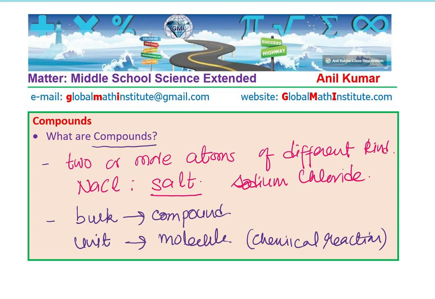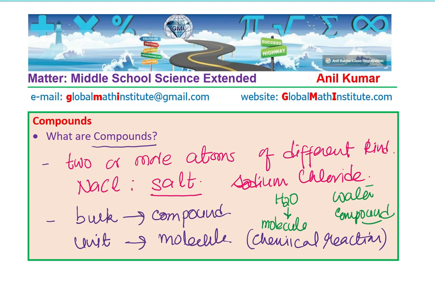For example, if I say H2O, what I'm trying to say is a molecule of water. But when I say water, it is a compound, the bulk of water. You get the whole idea. So that is what I think is a good way of referring to a substance as a molecule or as a compound. Correct?